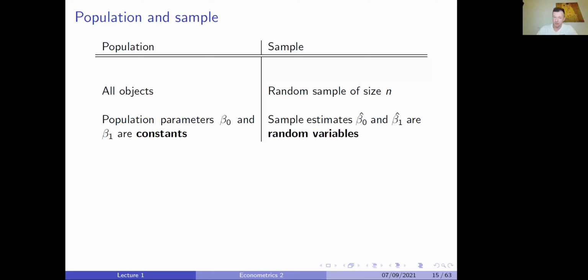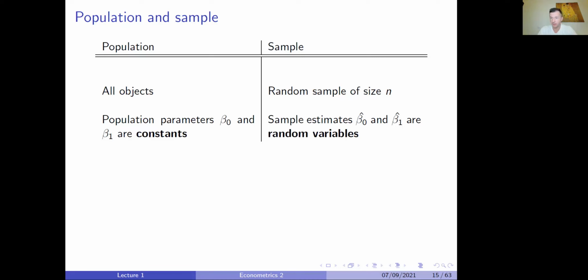In the population, we have population parameters, beta 0 and beta 1, and those are constants. Those are some numbers, like 3, 5, 100, whatever. In a sample, we have beta 0 hat and beta 1 hat, which are random variables, and their sample estimates just give us a particular outcome of those random variables.